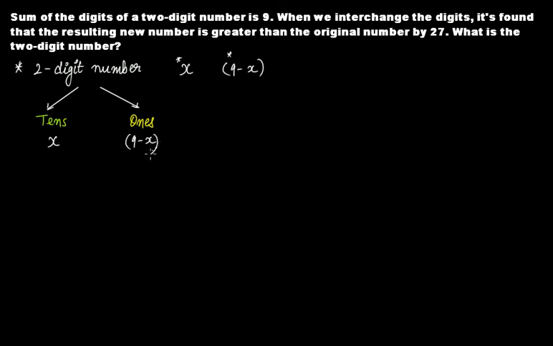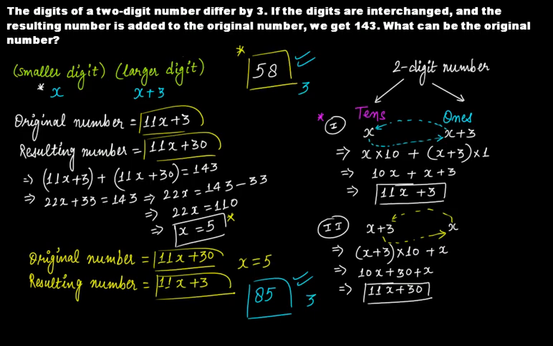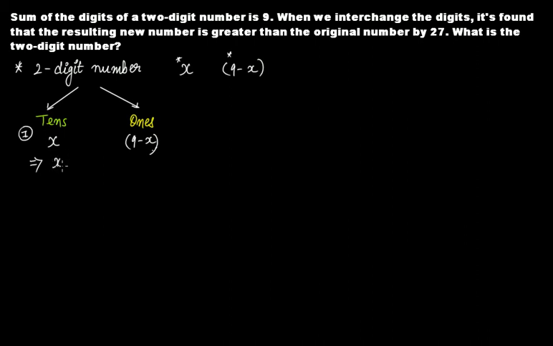If this is the condition, then what will be the number? Number will be, as we have discussed here, same thing here, x times 10 plus 9 minus x. So your number will be 10x plus 9 minus x, that is 9x plus 9, right? This will be your number when at the tens place you have x and at the ones place you have 9 minus x.